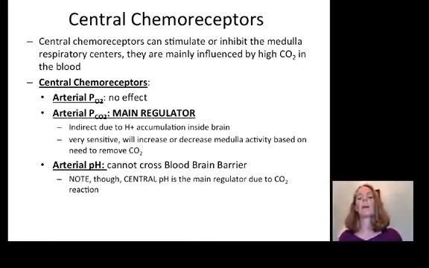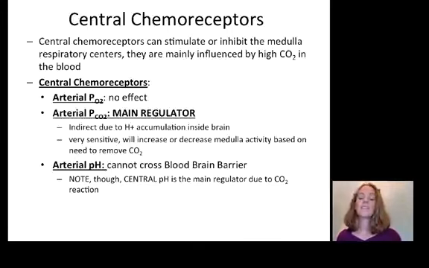So what happens is carbon dioxide crosses over first, and then acid accumulates as the carbon dioxide reacts with the water. So very, very sensitive levels of carbon dioxide in the blood will affect the chemoreceptors in the brain. And they will increase or decrease activity in the medulla based on the need to remove this carbon dioxide.